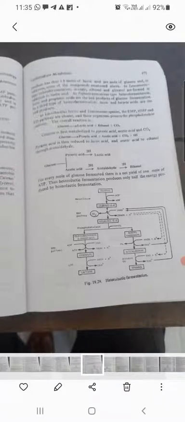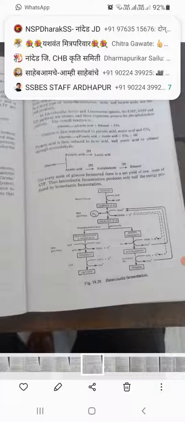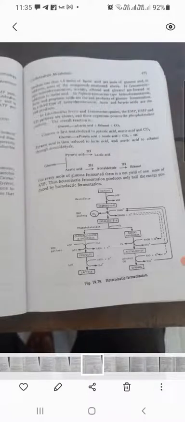Here glucose is converted into glucose 6-phosphate, then to xylulose 5-phosphate. Xylulose 5-phosphate splits into glyceraldehyde 3-phosphate and acetyl phosphate. Acetyl phosphate is converted into acetaldehyde and then to ethanol.